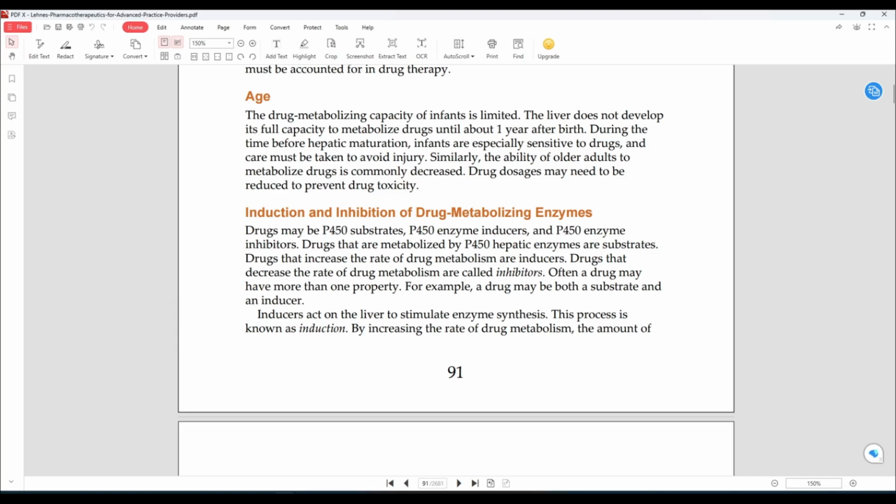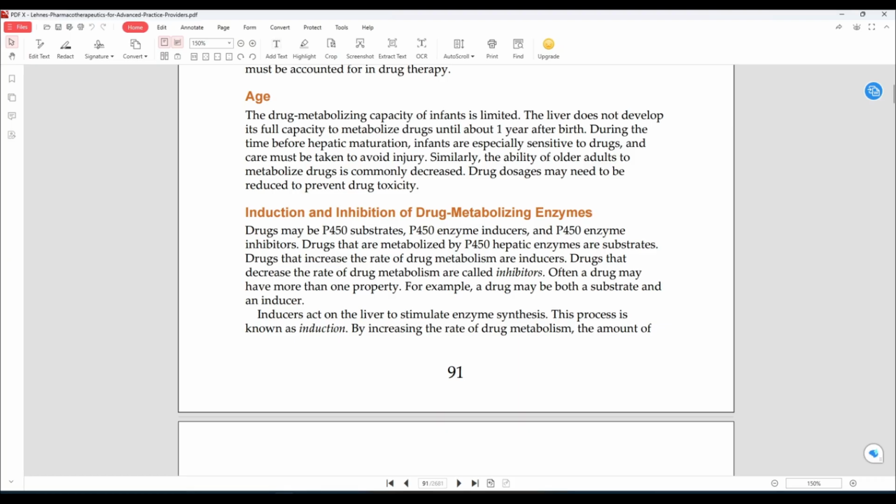During this time, before hepatic maturation, infants are especially sensitive to drugs, and care must be taken to avoid injury. Similarly, the ability of older adults to metabolize drugs is commonly decreased. Drug dosages may need to be reduced to prevent drug toxicity.